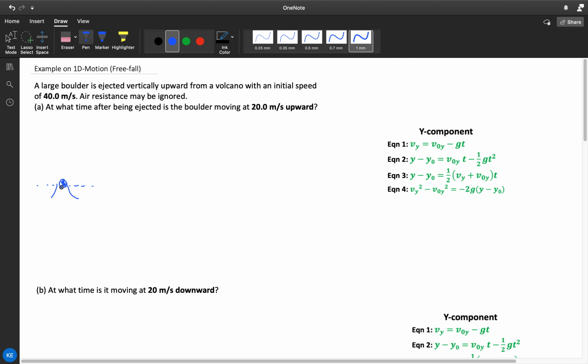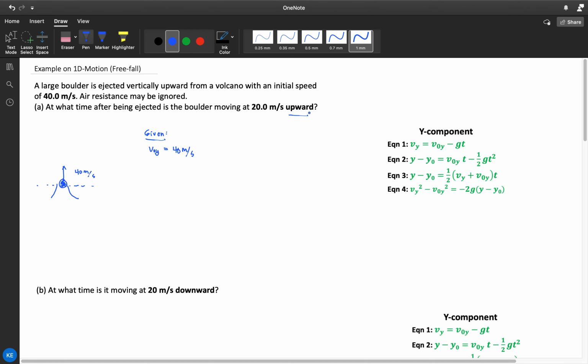sa boulder and it is being fired 40 meters per second. So pasabot, its initial velocity is given by positive 40 meters per second. So here, at what time after being ejected is the boulder moving 20 meters per second upward.